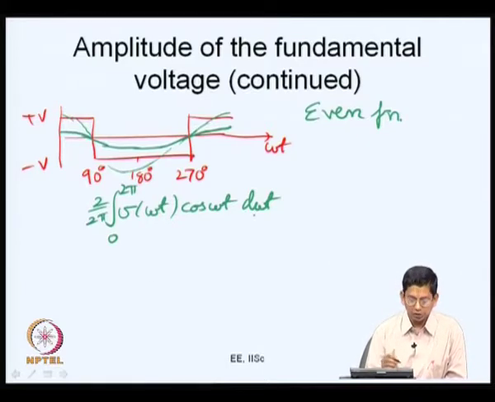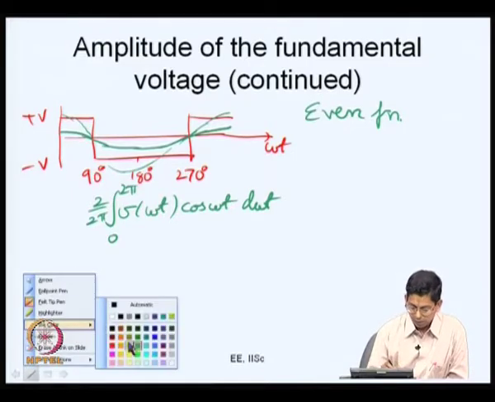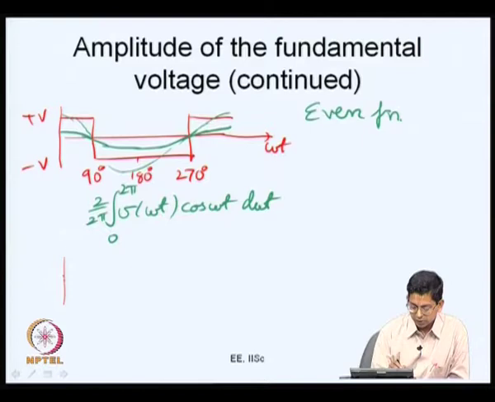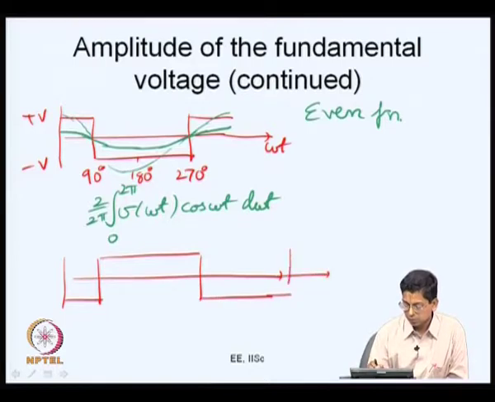So, let us take it more generally. Let us say my waveform is something like that. This starts at some angle phi and it goes on till some angle 180 plus phi, or pi plus phi, and this is 360 plus phi.